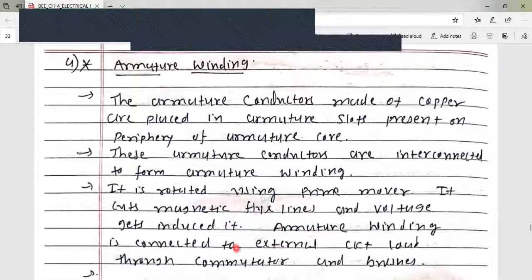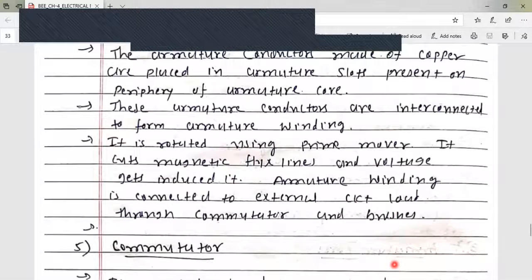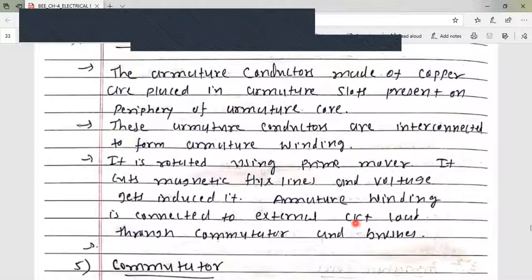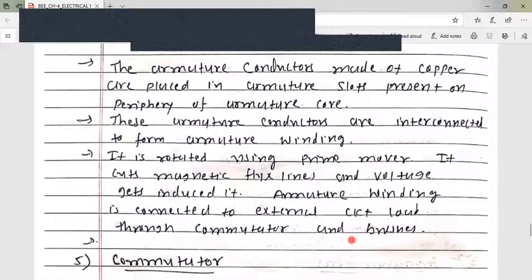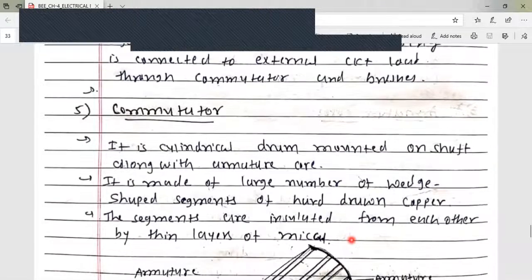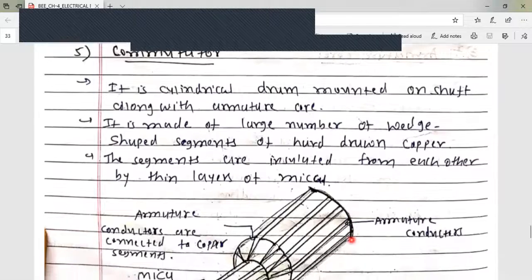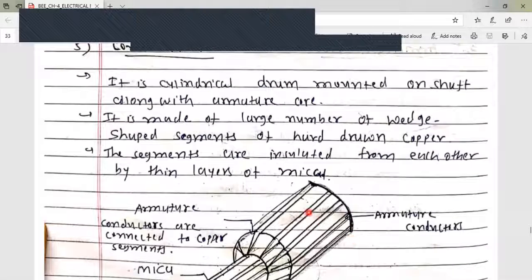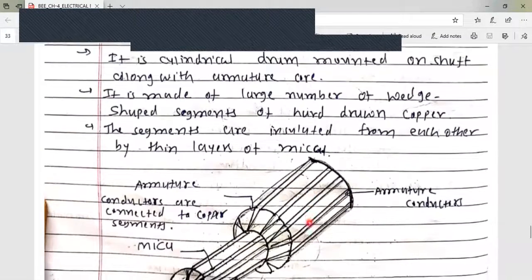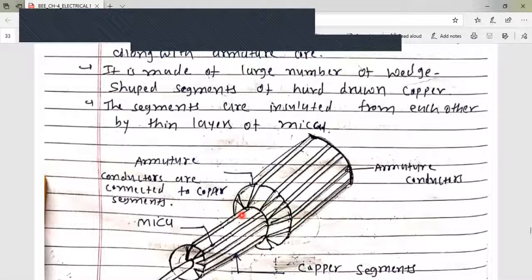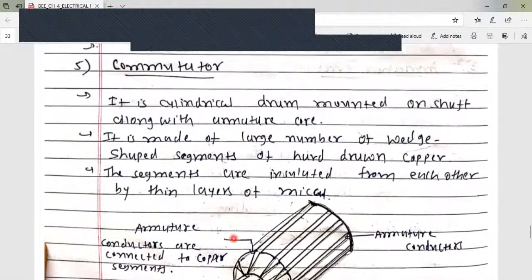So the armature winding is connected to the external circuit through the commutator and brushes. See here, the armature winding is connected to the external circuit through the commutator and brushes. As we have seen in the figure, these armature windings are connected to the outer circuit through this commutator. Okay. Now we will see the function of the commutator.